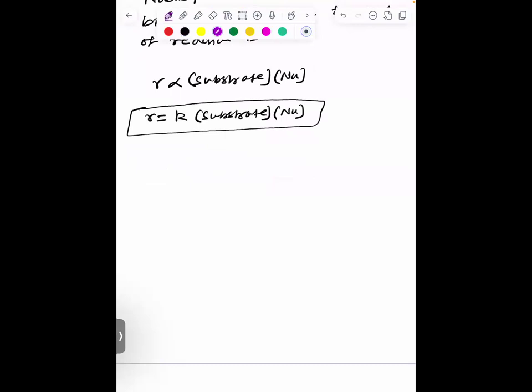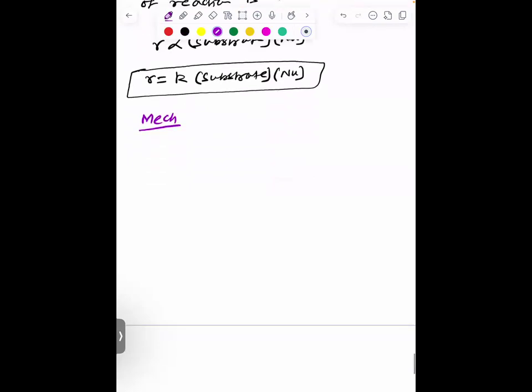So let us see the mechanism. This is the haloalkane. We can take the halogen as X. Suppose we take chlorine, chlorine and nucleophile. So the nucleophile attacks the electrophilic carbon from the opposite side of the leaving group.